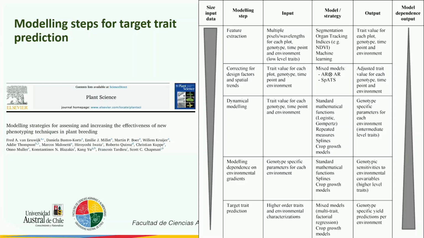Then we need to correct for spatial effects, trends in the fields, and later, over time. And the question is how we can incorporate this time dimension in those prediction models. The most common model we usually work with is GBLUP, for example, that people have as a reference, so how could we expand that model so that we can incorporate all those dynamics?